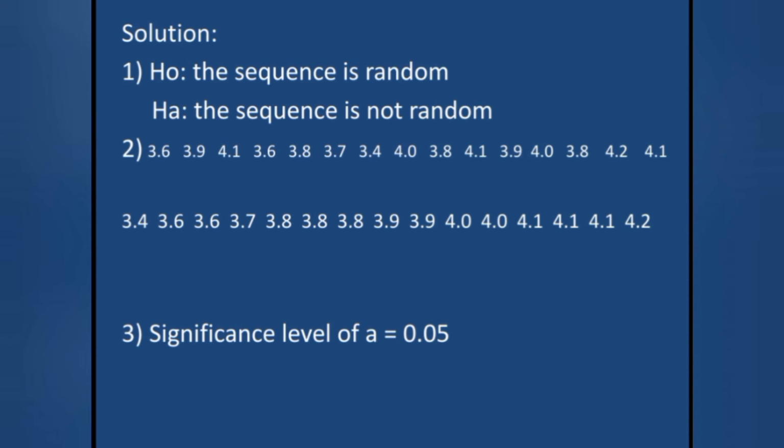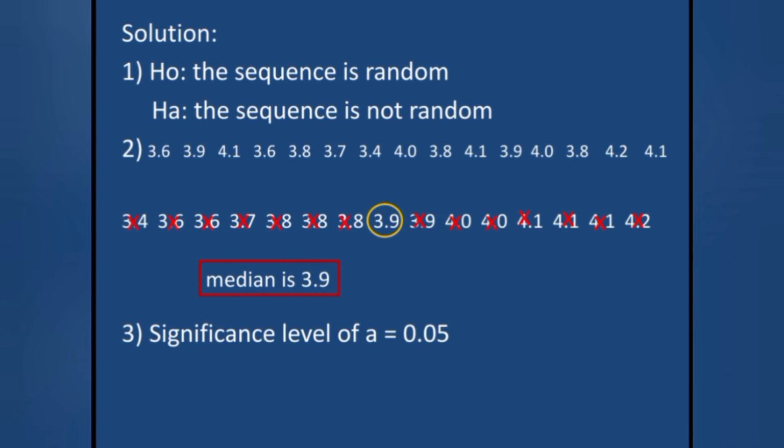Then, compare each data value with the median and classify it as above or below the median. So, hanapin na natin yung median. So, ngayon ating median is 3.9. Balik tayo doon sa ating original na arrangement ng ating data.